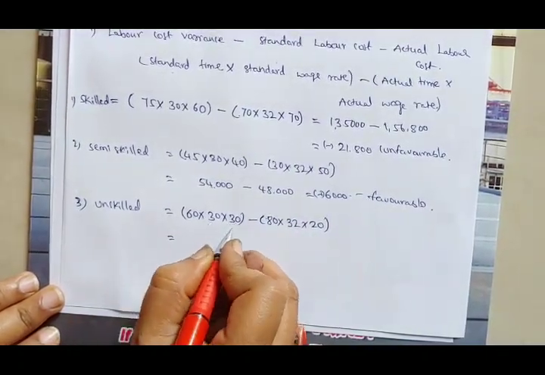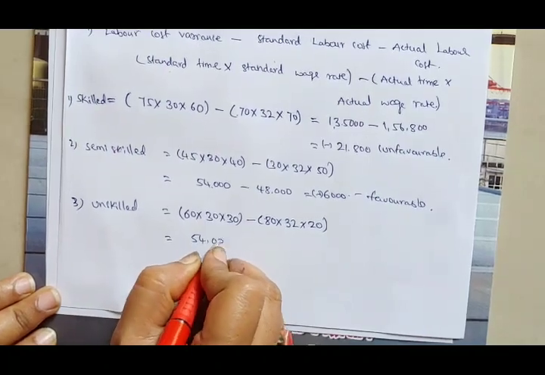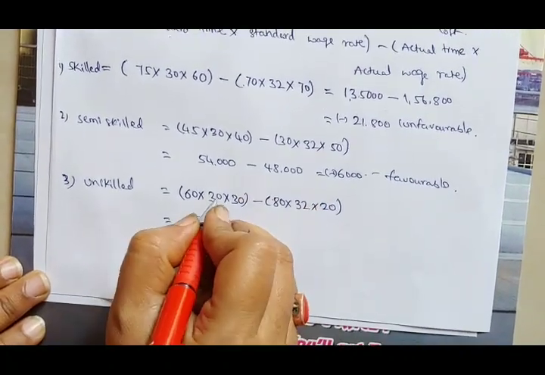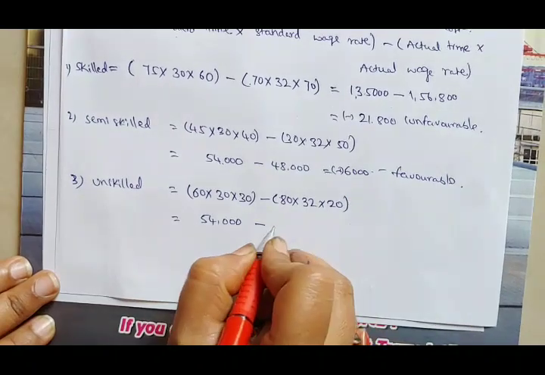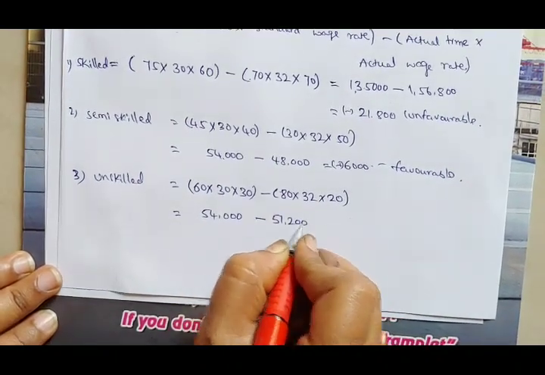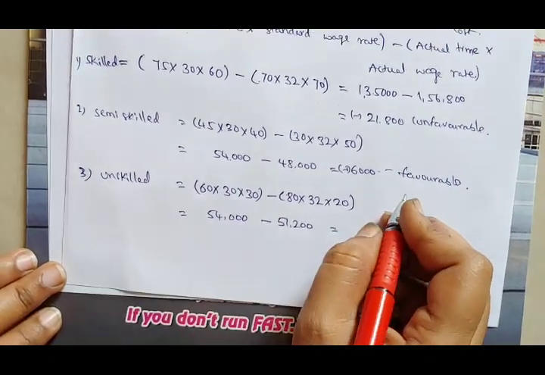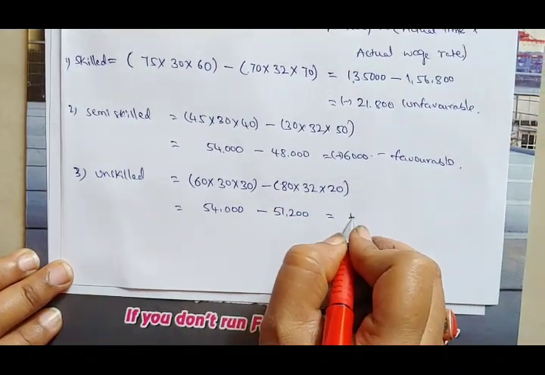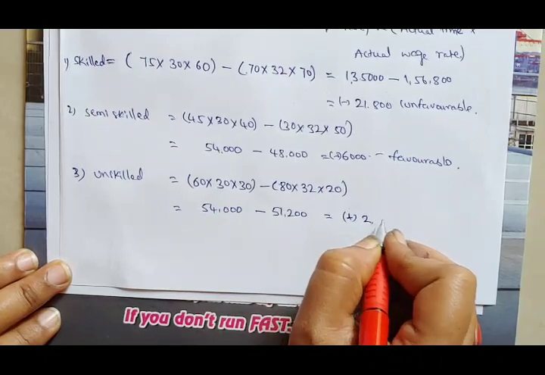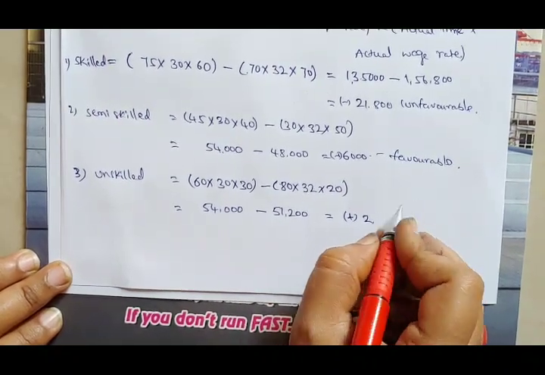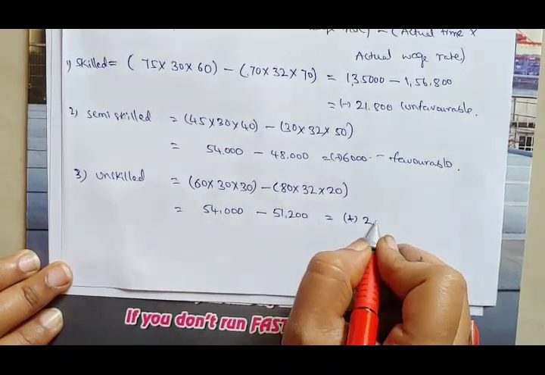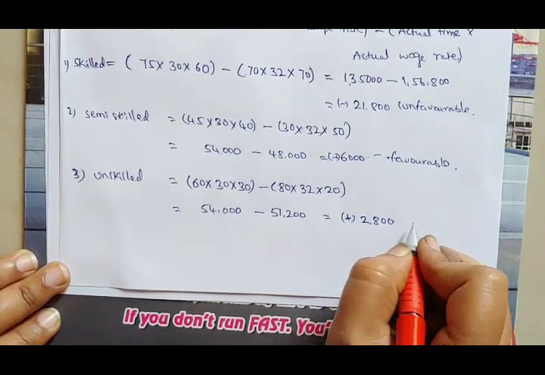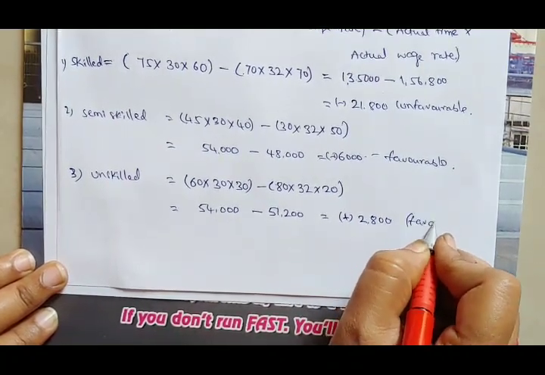That equals 60 into 30 into 30, which is 54,000, minus 80 into 32 into 20, which is 51,200. So 54,000 minus 51,200 is equal to plus 2,800. It is favorable.